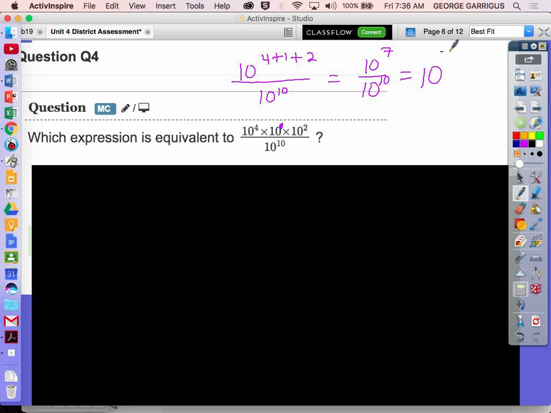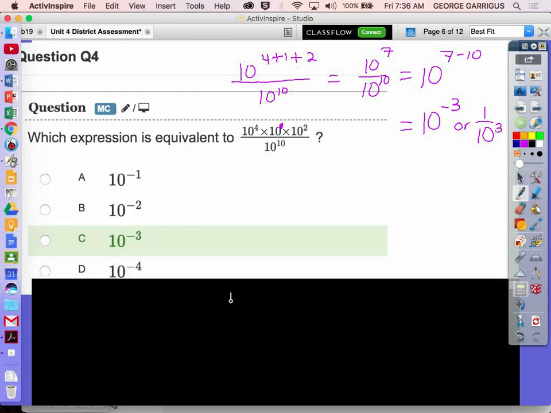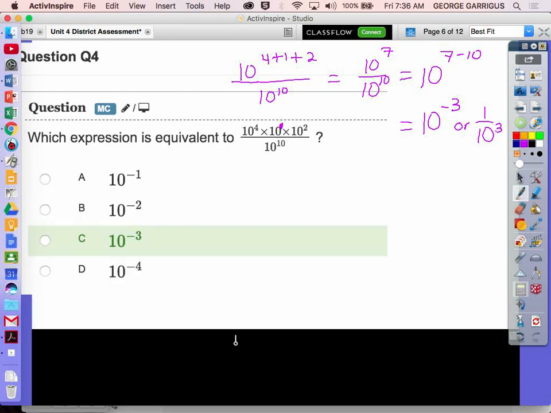If I'm dividing, I'm going to subtract. And I end up with 10 to the 7 minus 10, which is negative 3. Or I might have an answer where it says 1 over 10 cubed. Let's see which of these two is the right answer. Okay, 10 to the negative 3. C was the correct answer. Now, when you go back and you do your notebooks, you can't just write the letter C. You're going to have to do all of this writing.